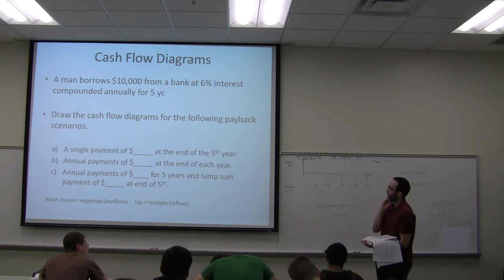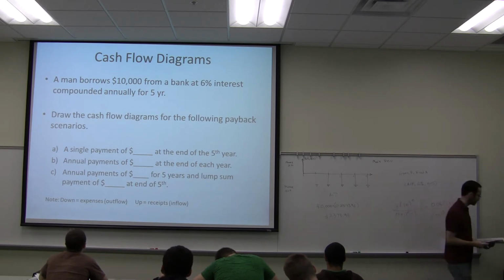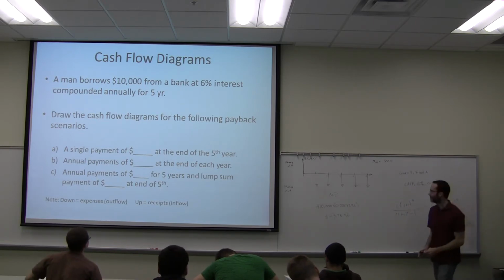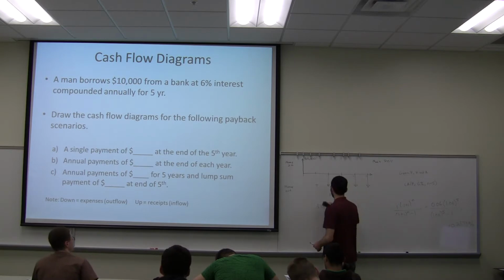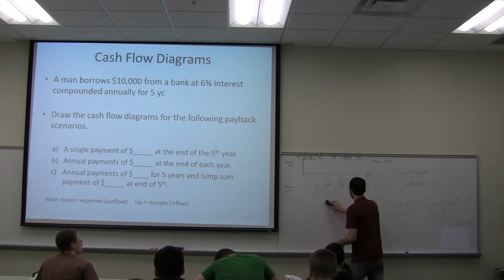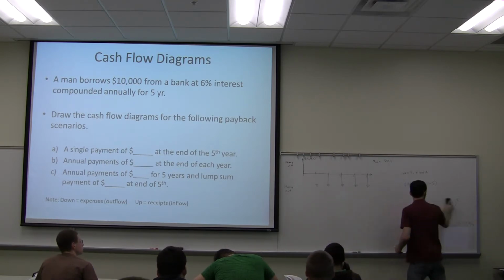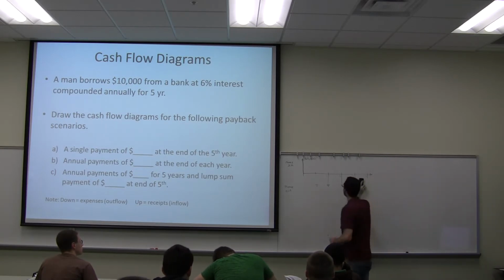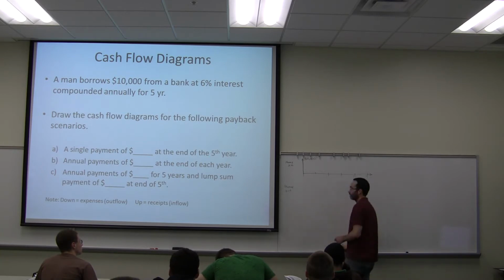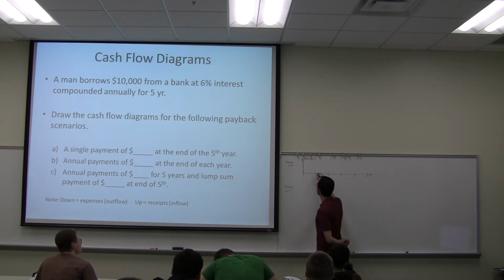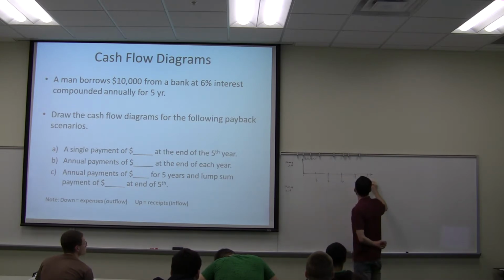Annual payments of blank for 5 years, and then a lump sum payment of blank at the end of the 5th year. Okay, so what if there were going to be payments every year, and then also a lump sum at the end?